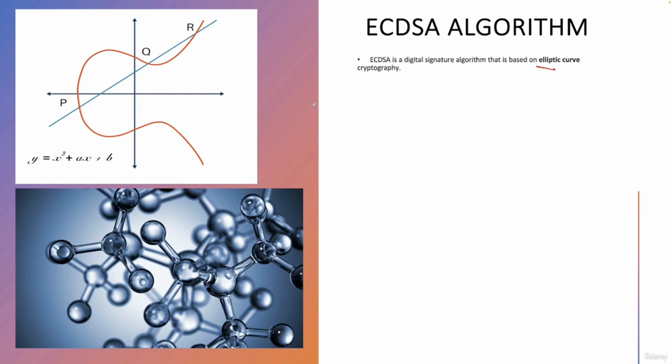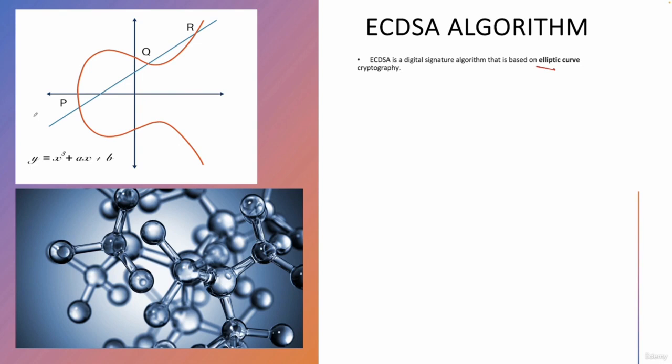An elliptic curve is a plane curve over a finite field, made up of points that satisfy the equation y squared equals x cubed plus ax plus b, something like this, right? This is an elliptic curve, and this is what the entire elliptic curve algorithm is based on.